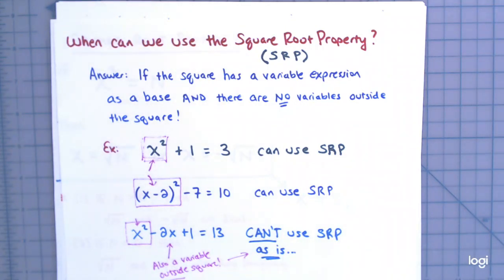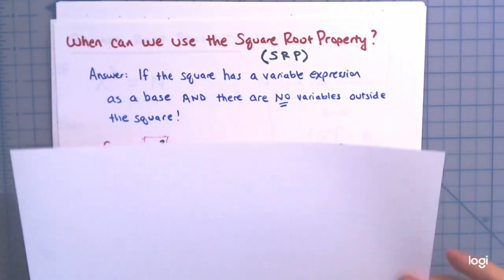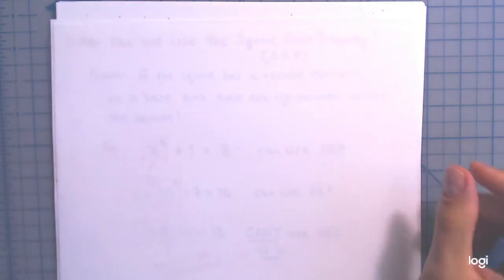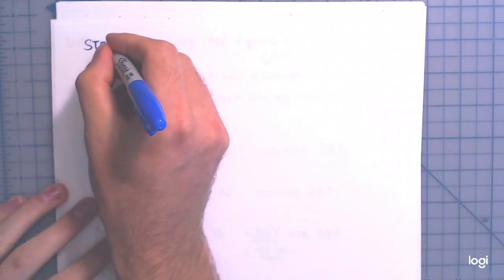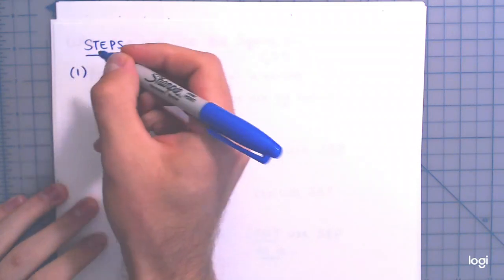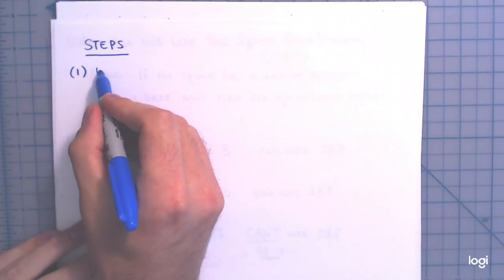All right, and then finally, before I get into my examples, the steps involved in using the square root property. The first step is going to be to isolate the square.